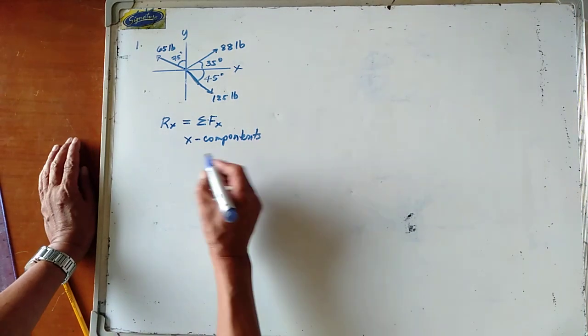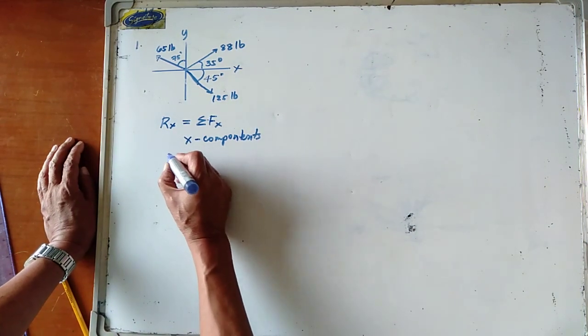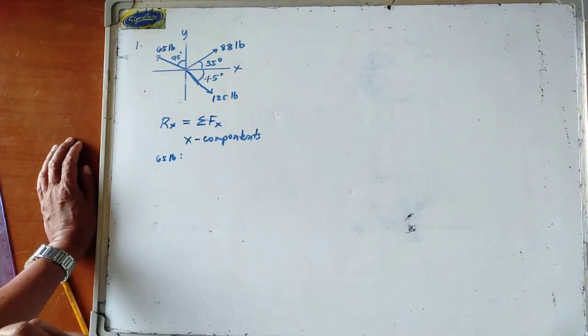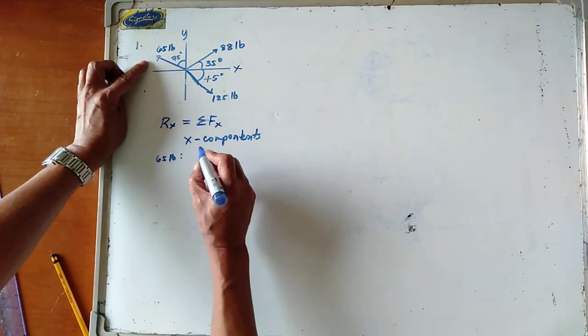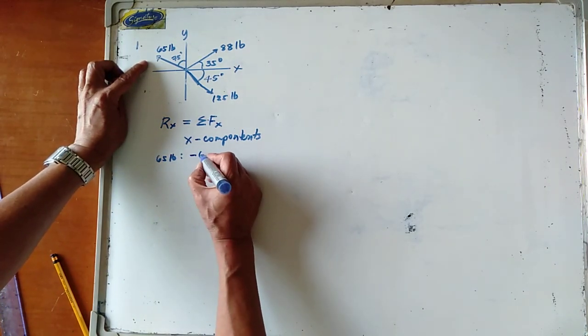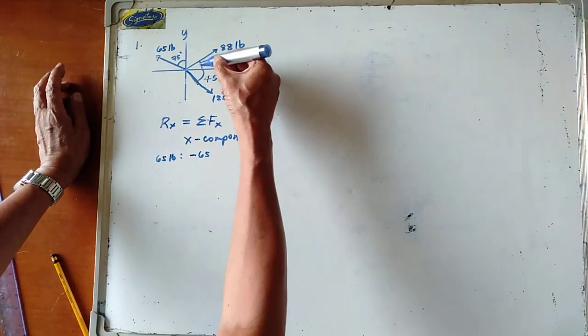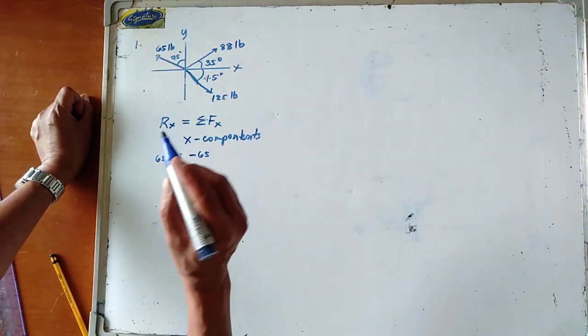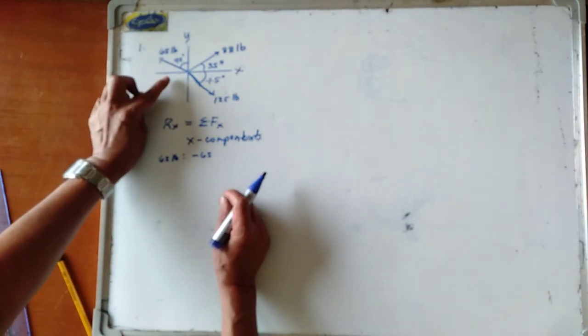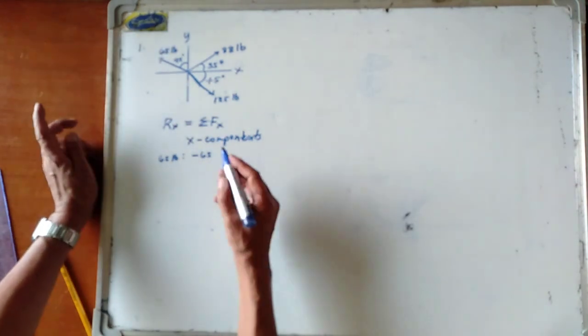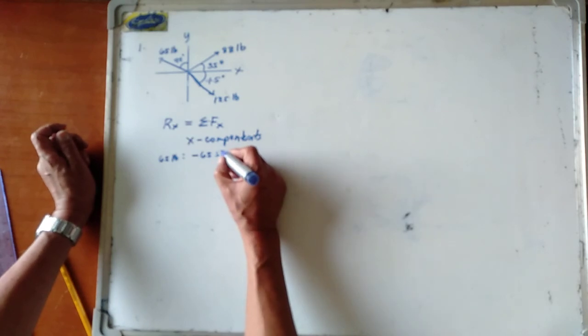For the 65 pounds, the x component is negative 65 because it is directed to the left. The angle is not included with the x-axis, and therefore it is sine of 75 degrees.